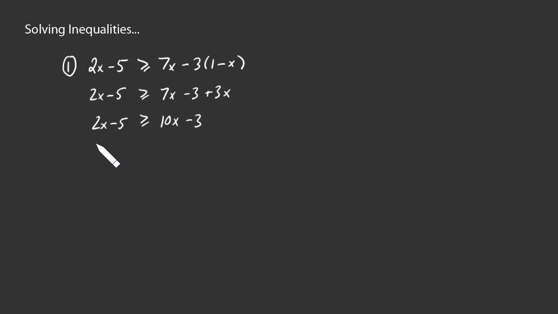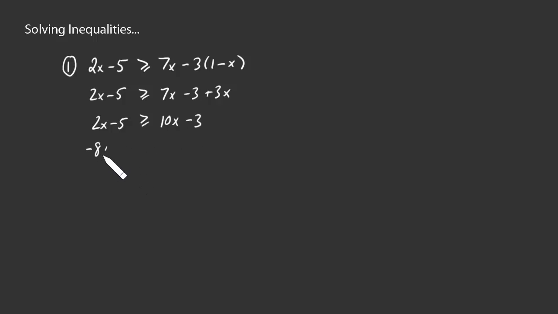In truth, subtracting 2x from both sides is probably the wiser move here, because it leaves you a positive 8x on the right hand side, and as we'll see in a moment, that's going to be a useful thing to have as opposed to a negative number times x. But let's go the long way around. Let's subtract 10x from both sides.